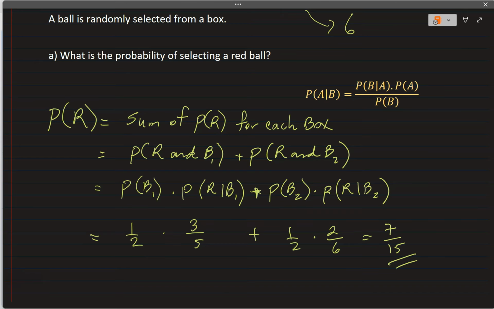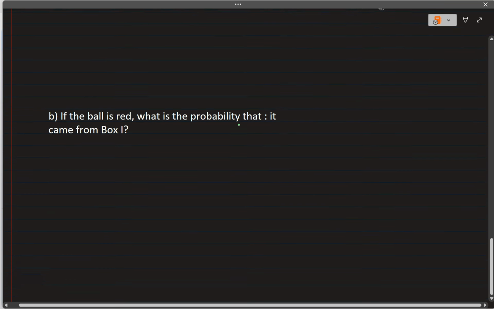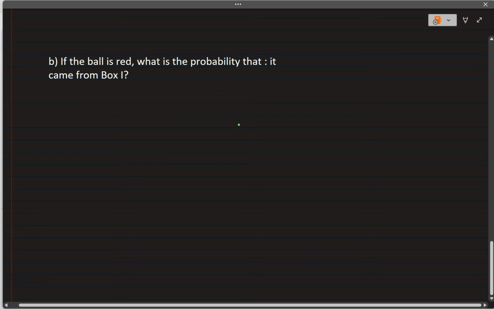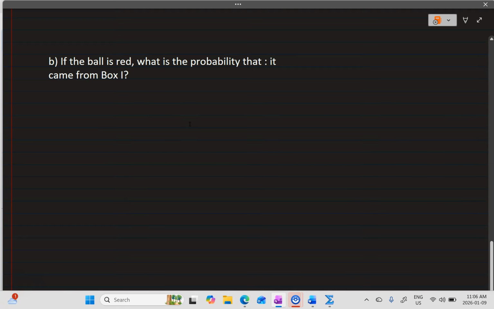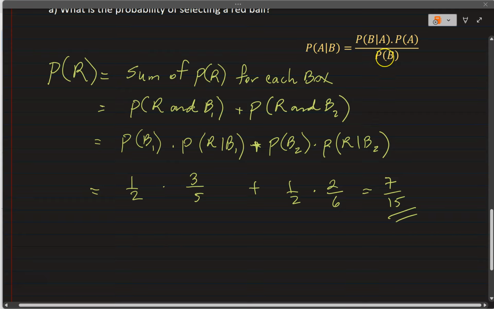Now, let's go ahead and look at the second question. The second question says, if the ball is now drawn and is red, what is the probability that it came from box 1? This is the part where you rewrite the equation. We're going to use Bayes' law, which is up here.